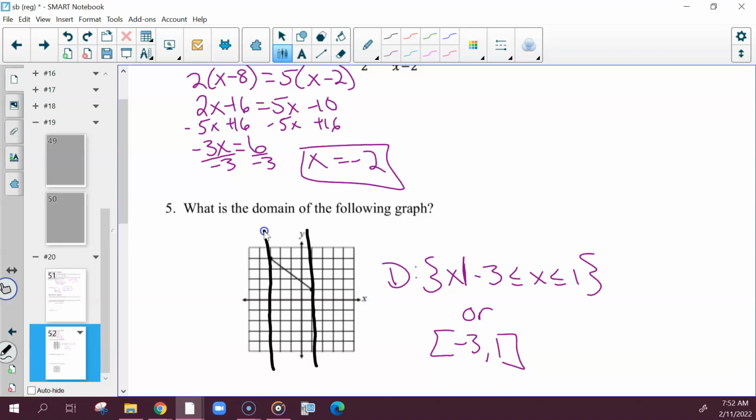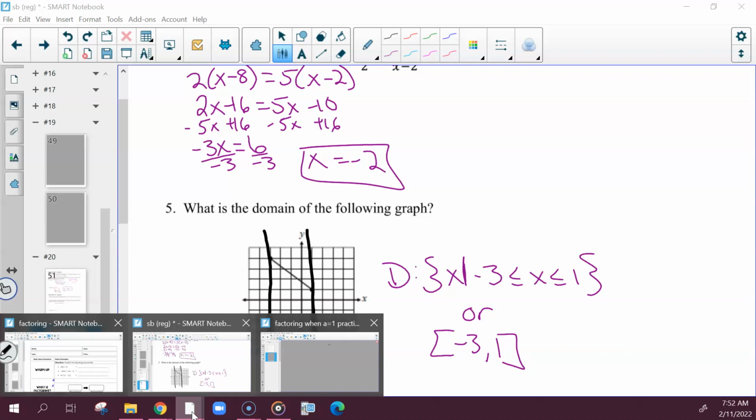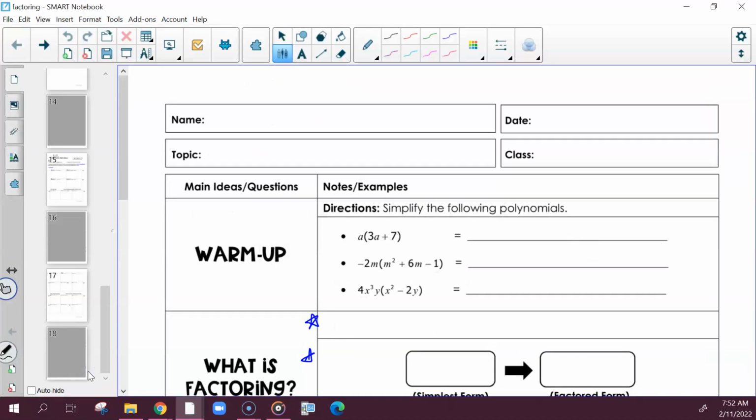So you all should have new notes in front of you.